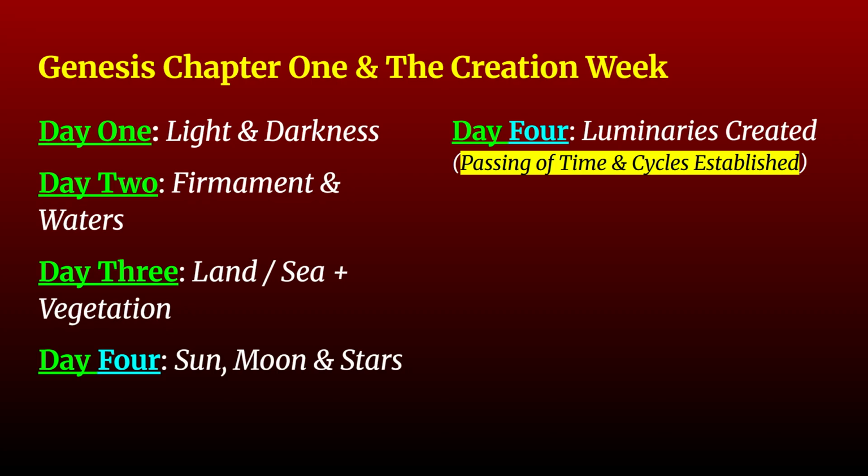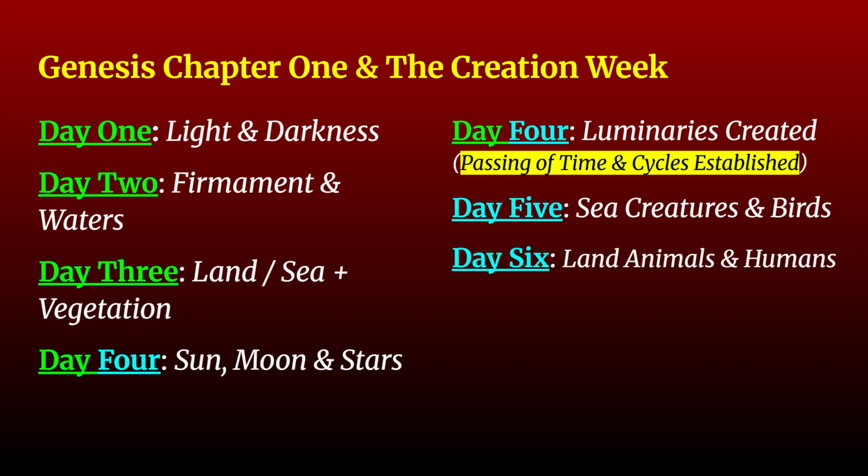Okay, let's continue. Day 5, God creates the sea creatures and the birds. Day 6, God creates the land animals and humans. And of course, on day 7, God rests on the Sabbath.